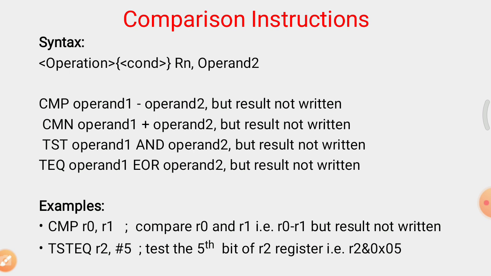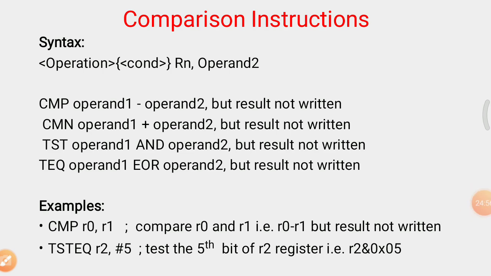For testing equivalence, that is similar values, we use a logical XOR operation. So operand 1 is going to be XORed with operand 2. Here also the result is not stored, and it only updates the flags.